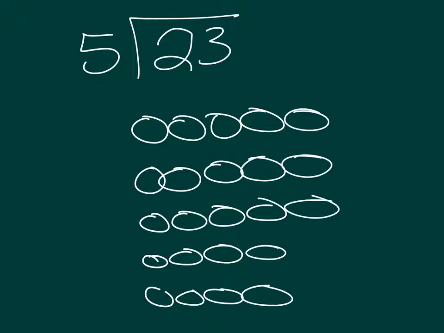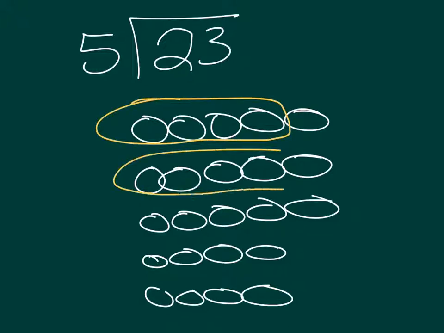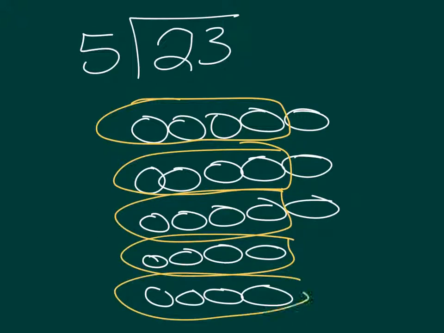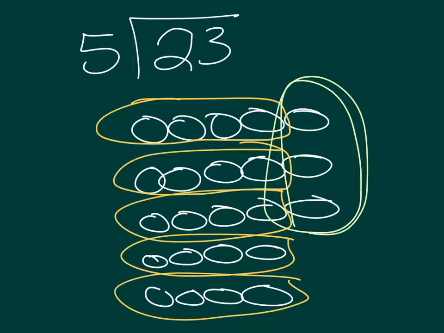Now, see how I did not finish that? So I have to make my groups equal. So here's the equal groups. 4, 4, 4, 4, 4, and then over here's my leftover 3. So I had 4 whole groups, and then I had my remainder of 3.